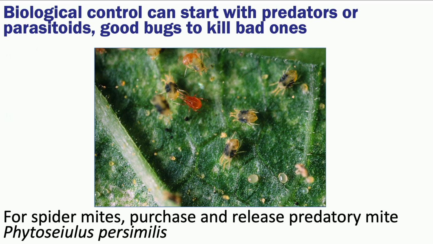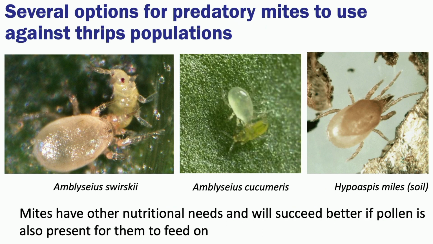Some examples that have worked in high tunnels before would include purchasing this mite to control spider mites. Here we have Phytoseiulus persimilis. You can call them Percy, maybe, for short, but they're feeding on those spider mites. Their populations will go up, and the spider mite populations will go down, and they aren't going to escape as easily because there's food there, and they're not big enough to run away.